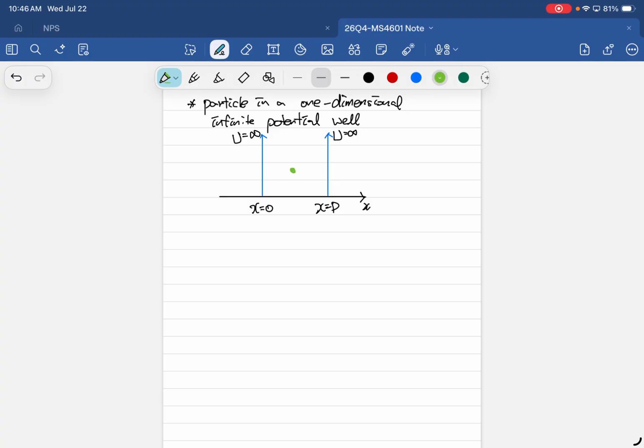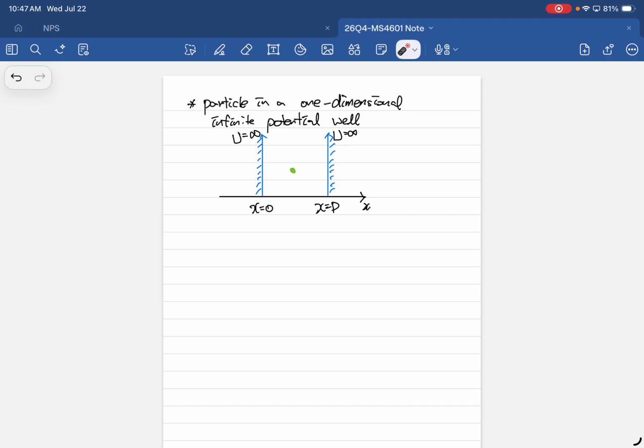You can imagine this as an infinitely high wall, and this is essentially an infinitely deep well or bucket. We are putting the particle within that bucket or well, and we are going to try to understand how this particle or wave behaves.